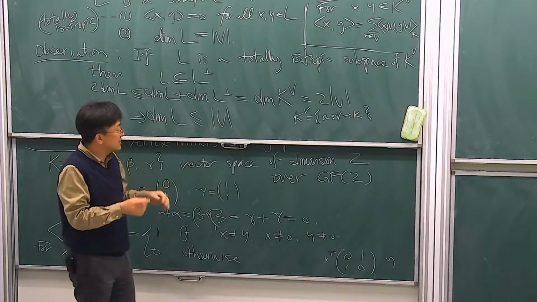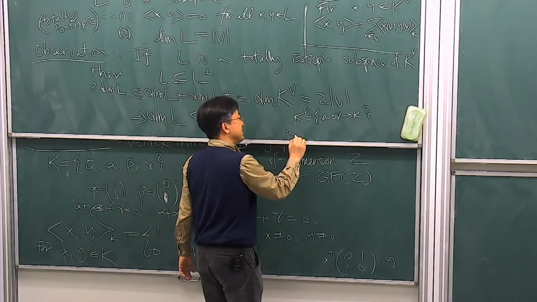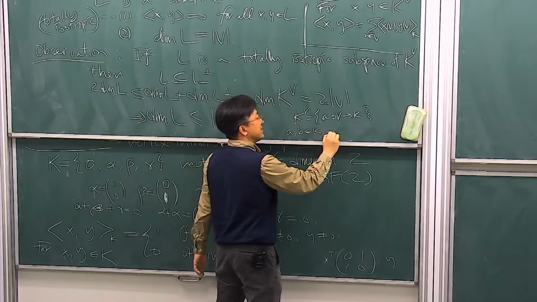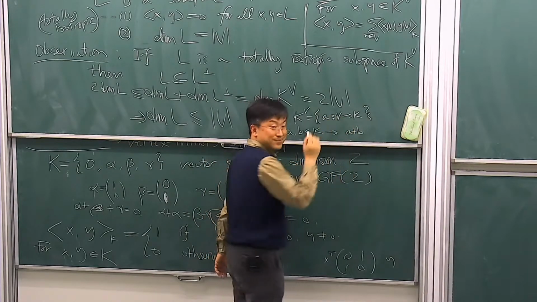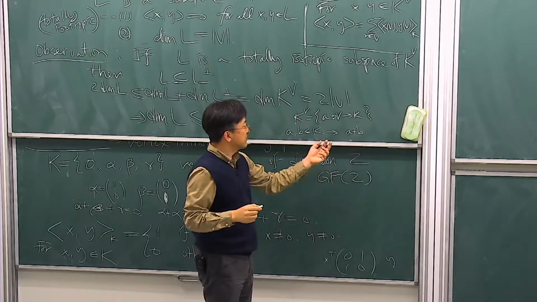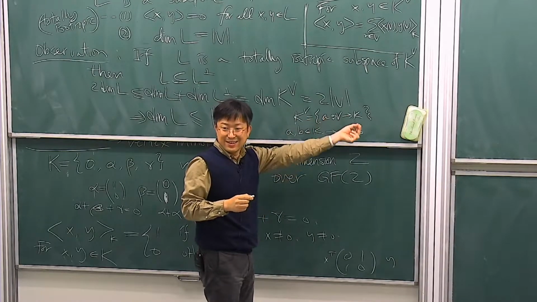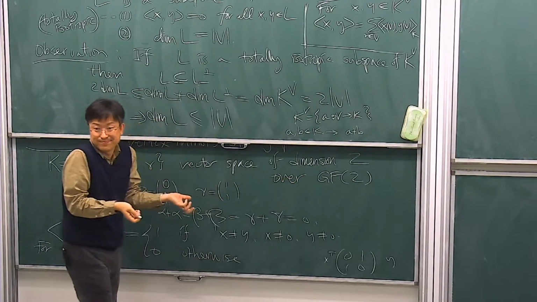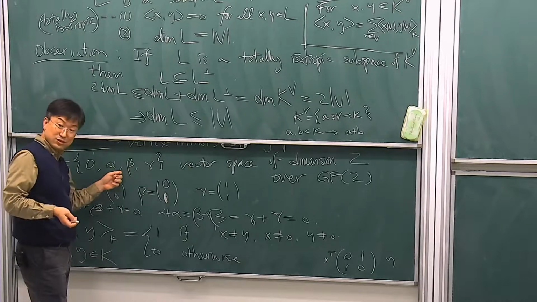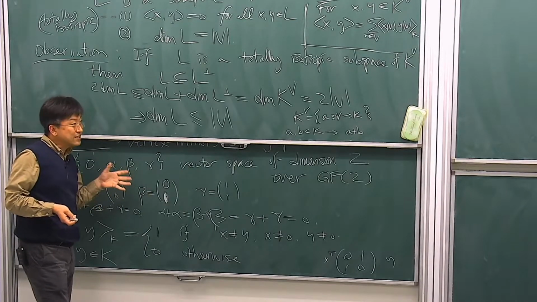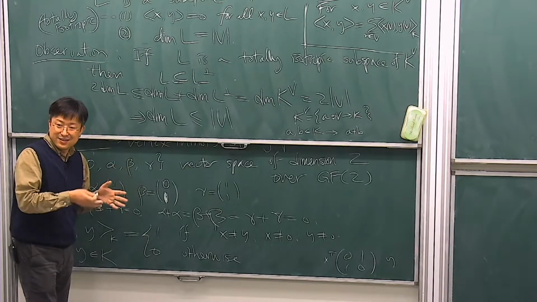So you can add two vectors. If I have A, B in K to the V, then I can define A plus B as a function whose V coordinate is A(v) plus B(v). But K itself has dimension 2, so the total dimension is twice the size of V.